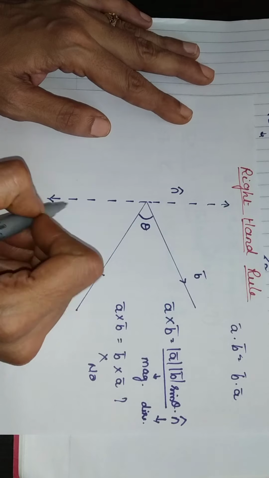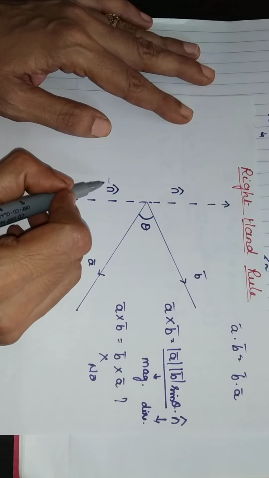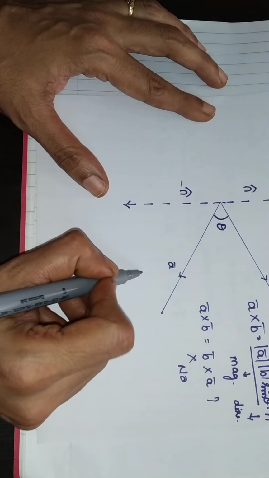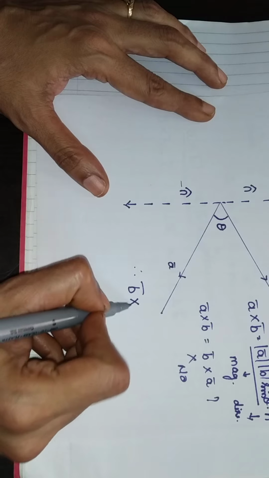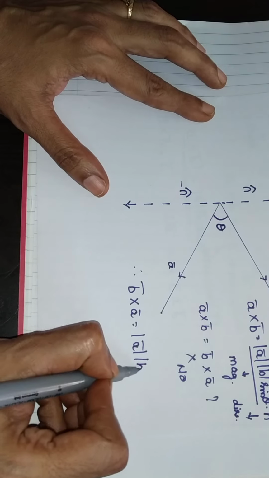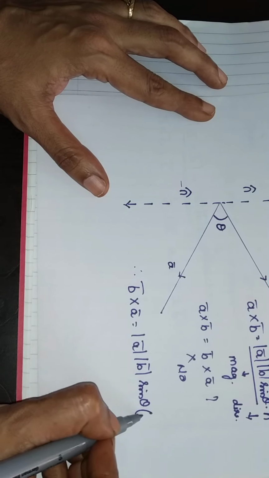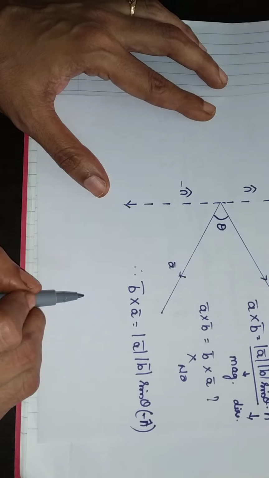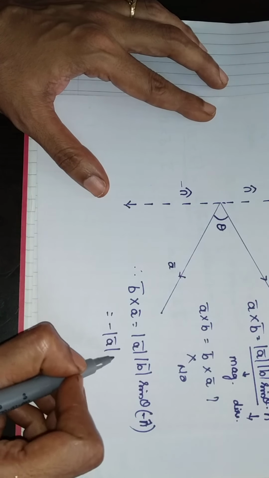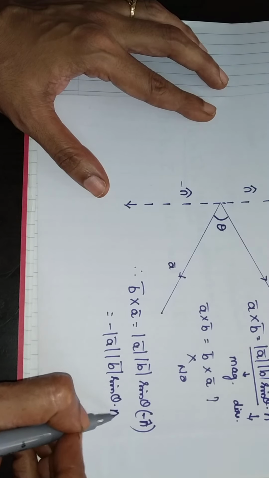Since it is in the opposite direction, a unit vector along it will be written as minus n cap. So we have B cross A is equal to mod A mod B sin theta into minus n cap. Combining it, we get minus mod A mod B sin theta n cap.